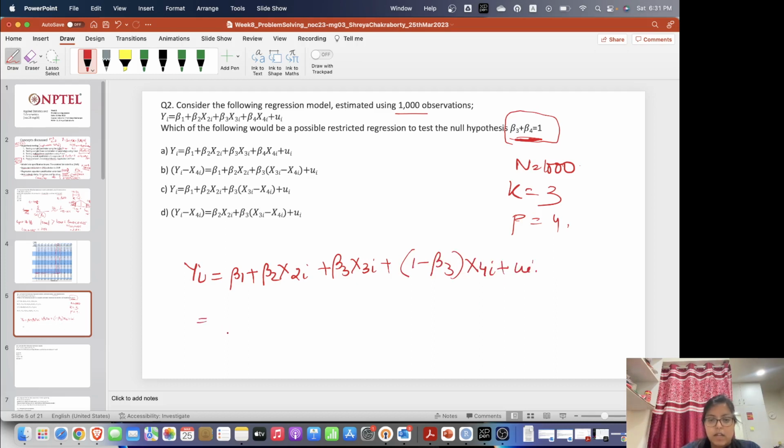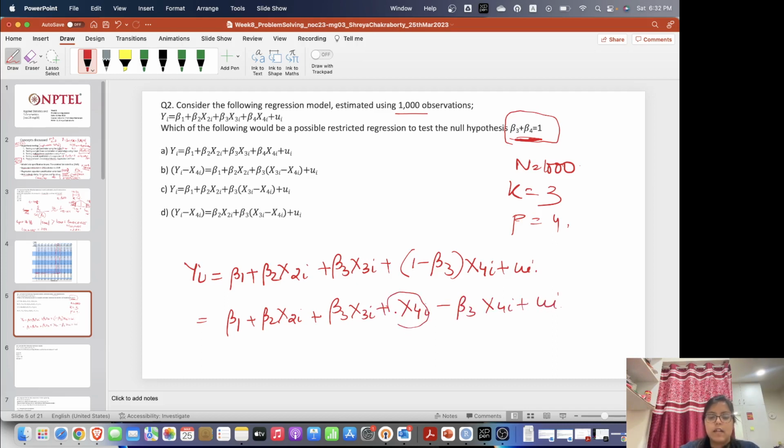So this one we can write as beta 1 plus beta 2 x2i plus beta 3 x3i plus x4i minus beta 3 x4i plus ui.